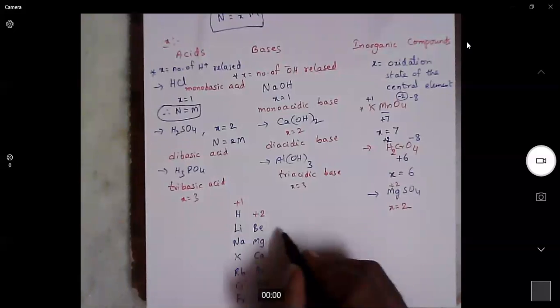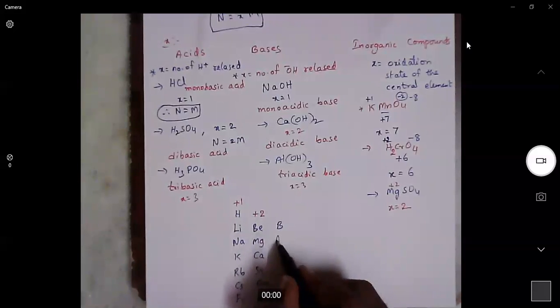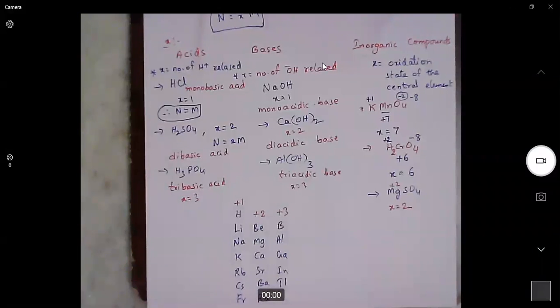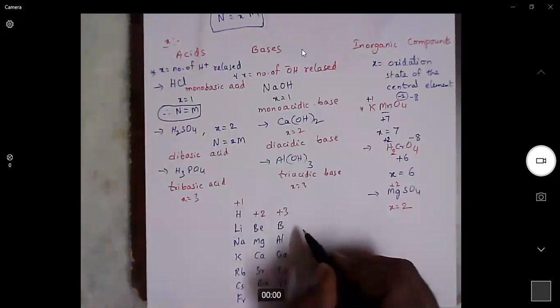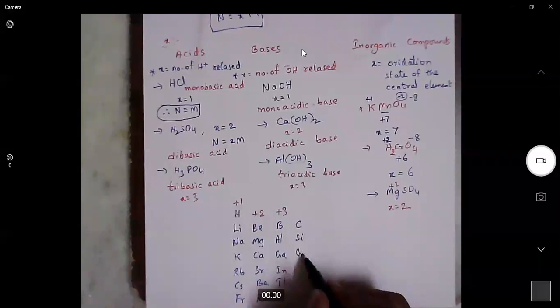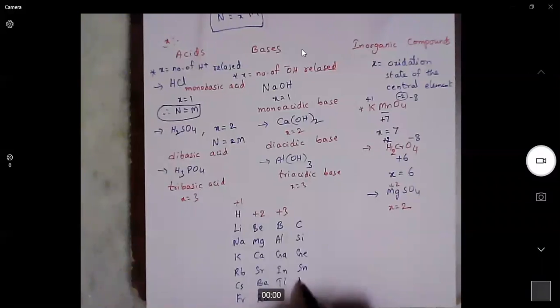Third group: boron, aluminium, gallium, indium, thallium. The third group is always stable in the +3 oxidation state. Fourth group: carbon, silicon, germanium, tin, lead.